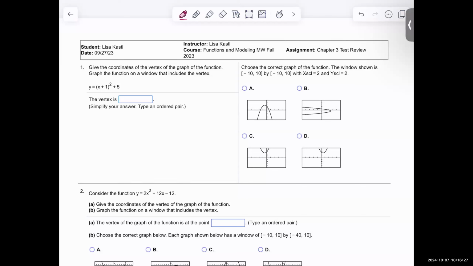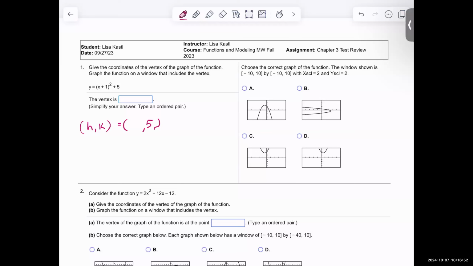So what's the vertex? What do you think it is? The 5? Well, 5 is the y coordinate of the vertex. That is correct. What's the x coordinate?